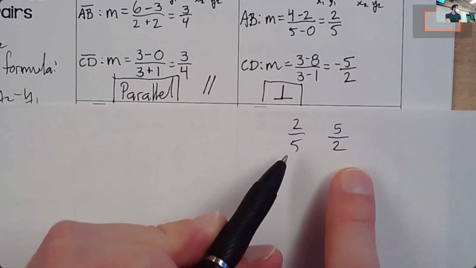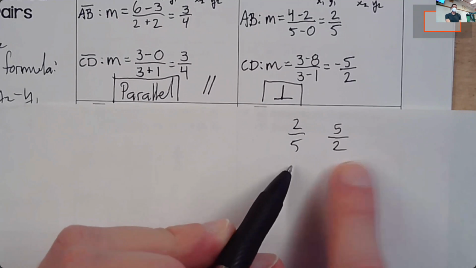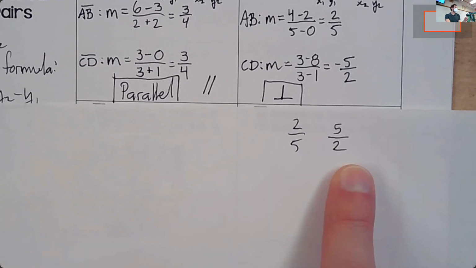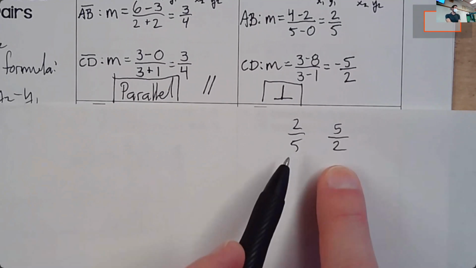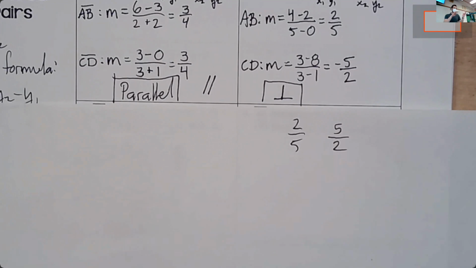And this is where it gets a little bit more challenging, because a lot of people will say perpendicular for this, but in order for it to be perpendicular, one has to be positive and one has to be negative. These are both positive and they are only reciprocal. So if it's one or the other and not both, opposite and reciprocal, then the answer is neither.